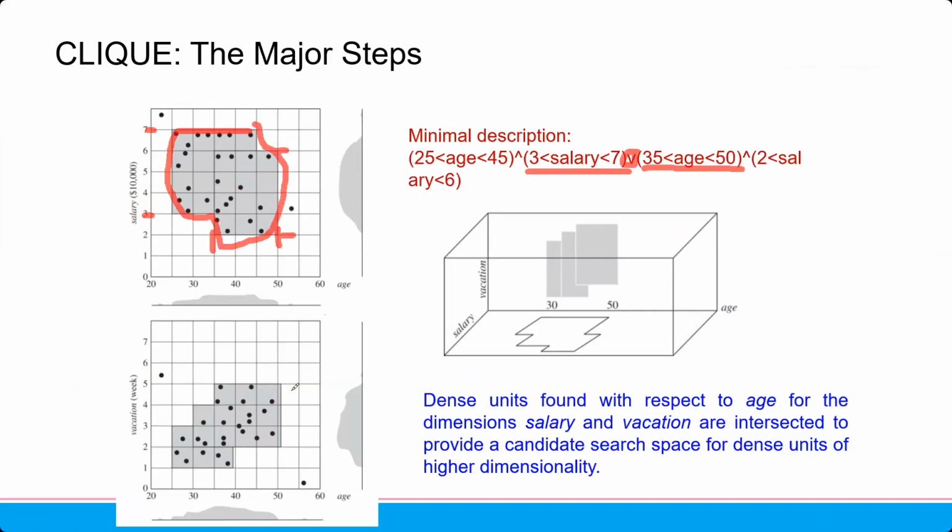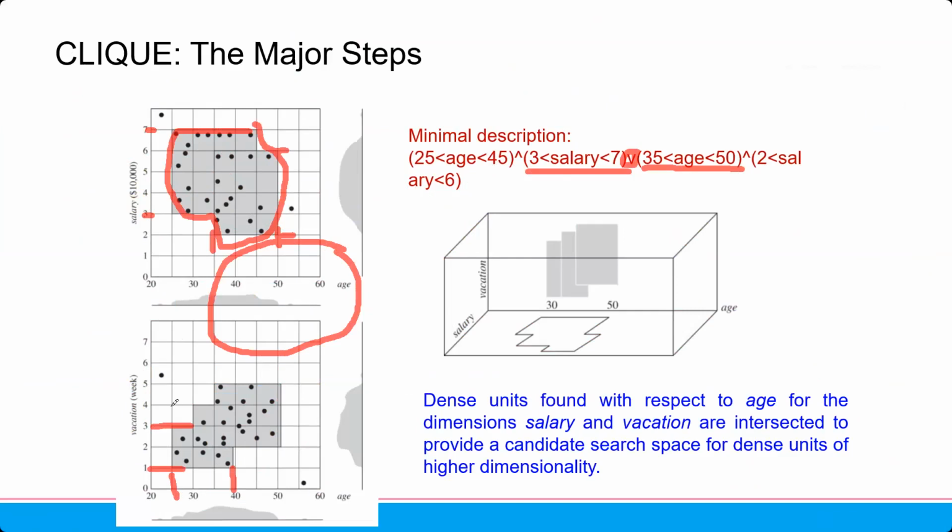So how can you make the minimum description of this? You can try. It means we have several descriptions. Vacation between 1 until 3 weeks, and the age is between 20 until 39 or 40.